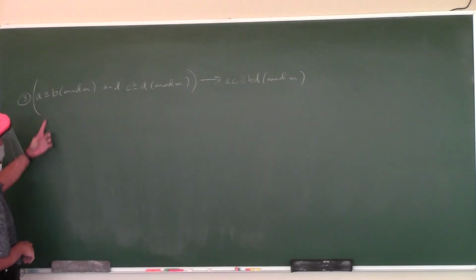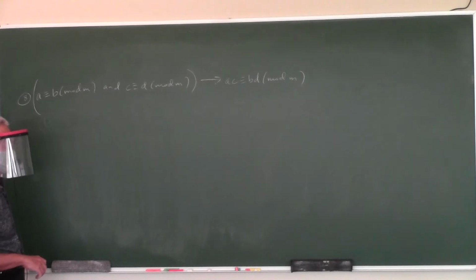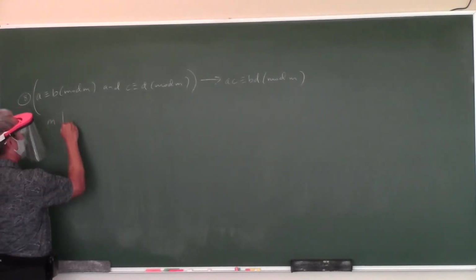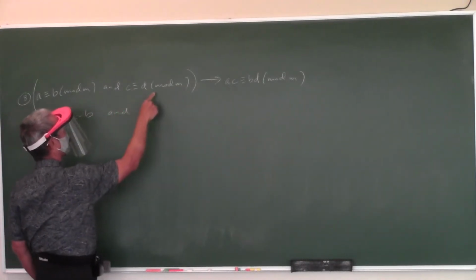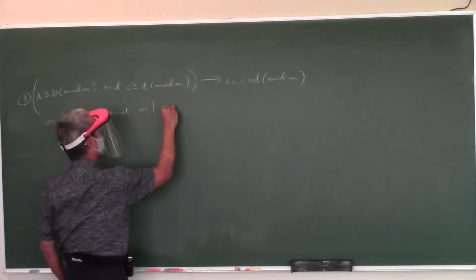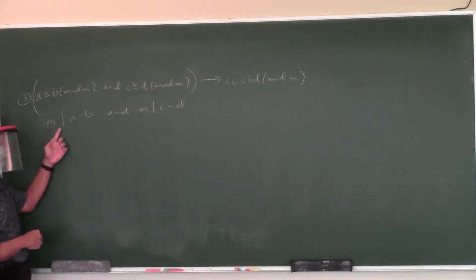All right, so what is the definition of A is congruent to B modulo M? M divides A minus B. And what about this? M divides C minus D. Now, what is the definition of M divides A minus B?